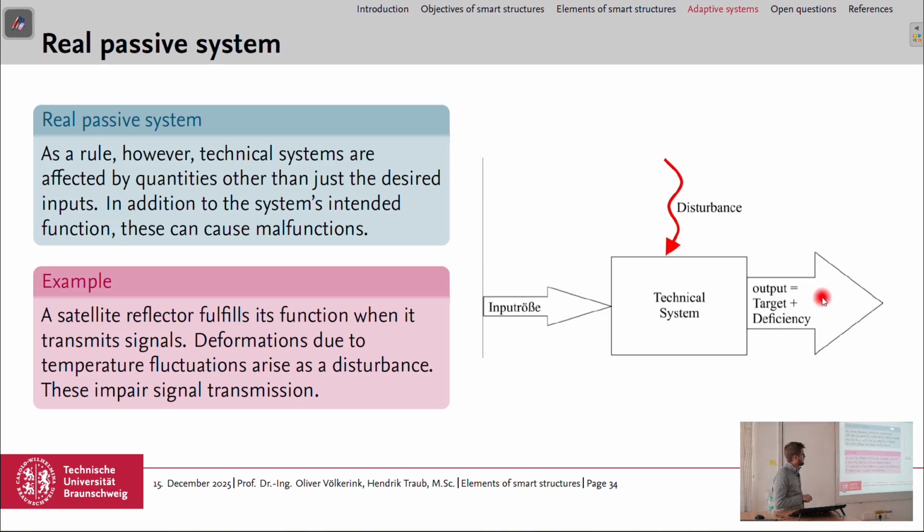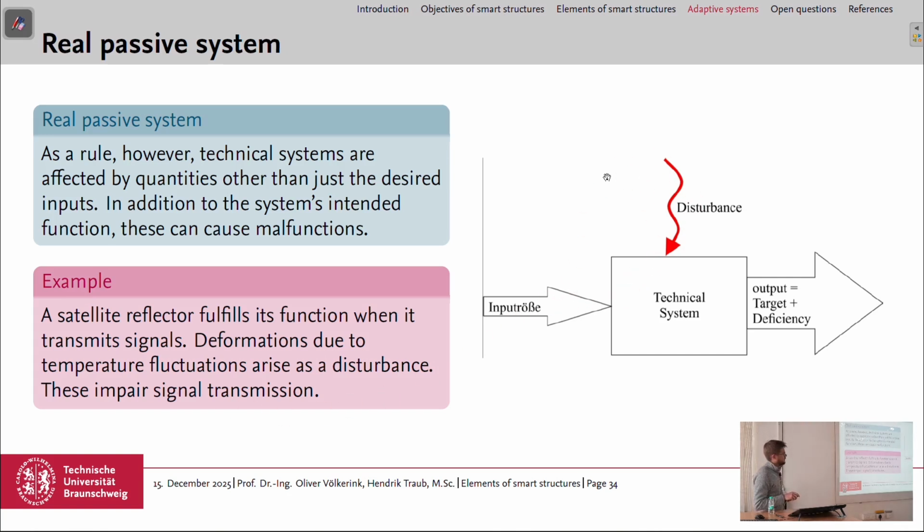As an example, the satellite reflector fulfills its function when it transmits signals, but due to the deformations from thermal loading, we have a disturbance and maybe the signal transmission is impaired.